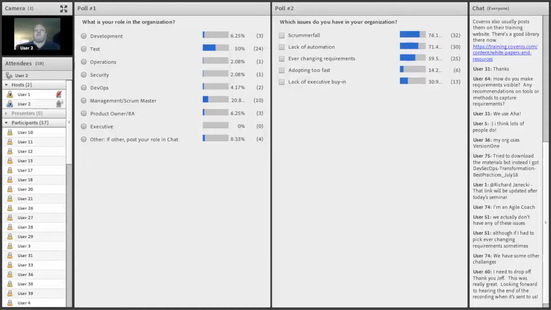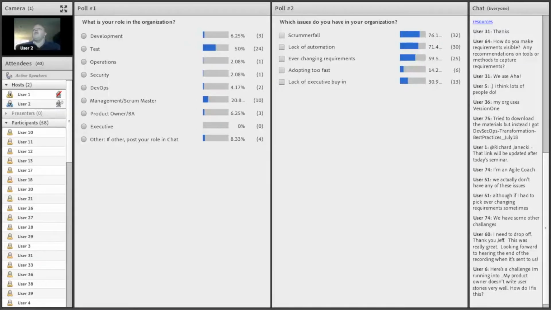Maybe we should have asked you which ones you were following or you're seeing. And lack of automation is a biggie as well, followed closely by requirements ever-changing. Executive buy-in seems like it's an issue for about 30%, and adopting too fast is bringing up the rear. So Scrum Fall's number 1.